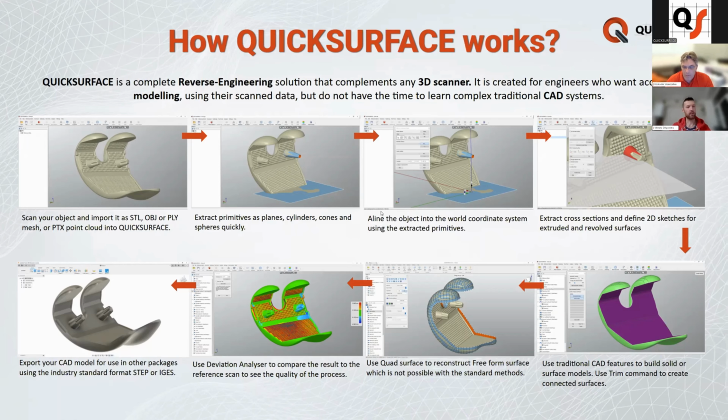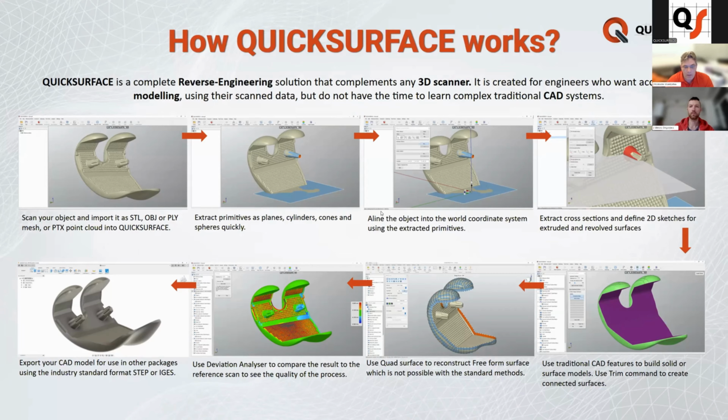We have a state-of-the-art trimming tool that allows you to quickly reconstruct a solid or a single surface. And with the power of freeform modeling, which is one of the very unique features of Quicksurface, you can create a hybrid type of modeling, which today is very complex or even impossible in any other solution.